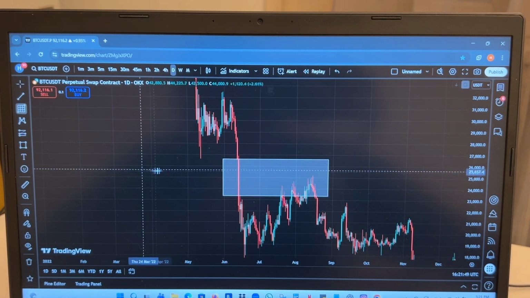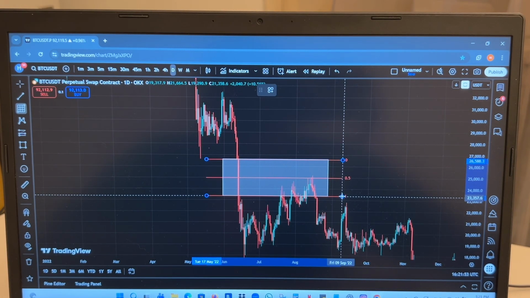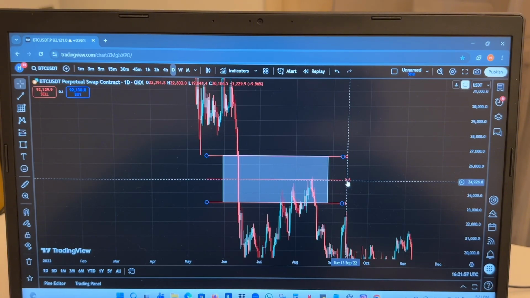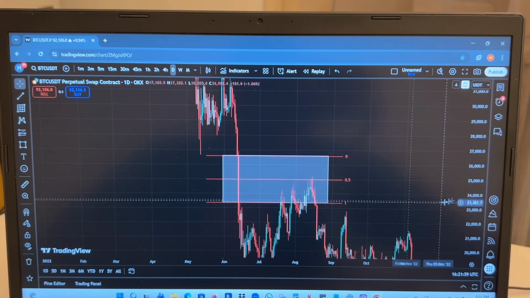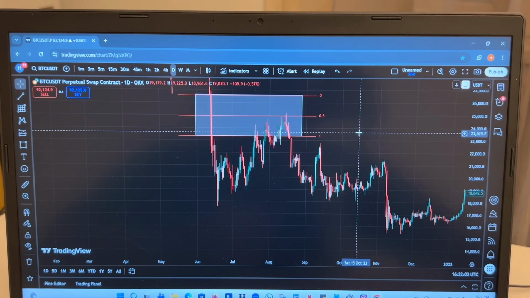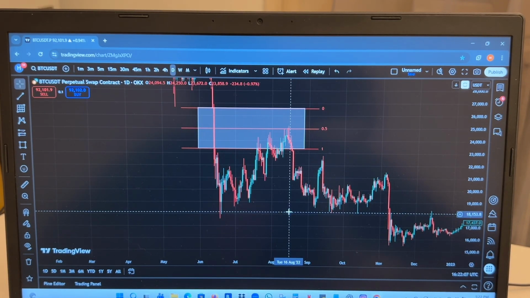Okay, and then let's draw the Gann box tool, and there you go, it has completely broken that 0.5 level with a wick, and then the market straight away went down.